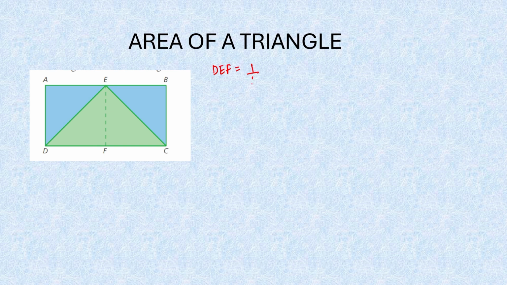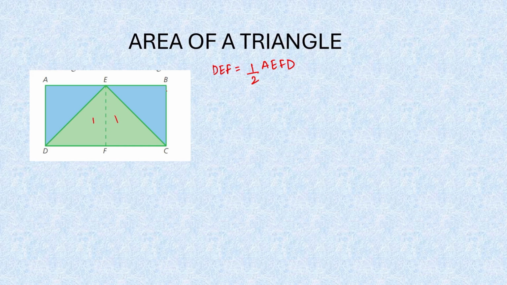DEF is half of the whole square, which is AEFD. So it is half of the rectangle or the square AEFD. Similarly, when we add these two parts, we can say that this whole triangle is half of this whole rectangle.